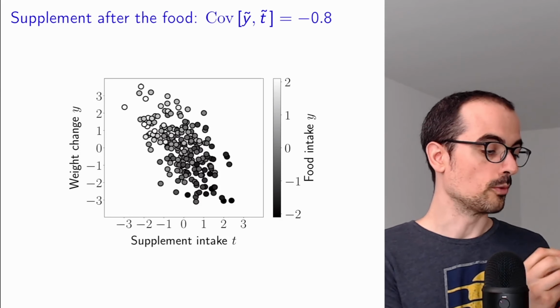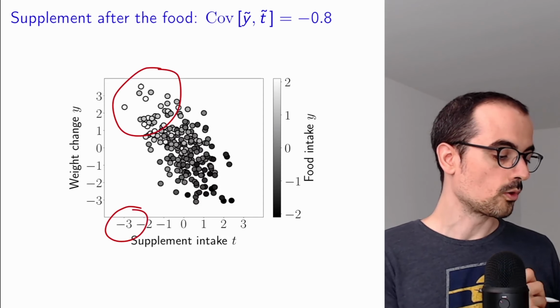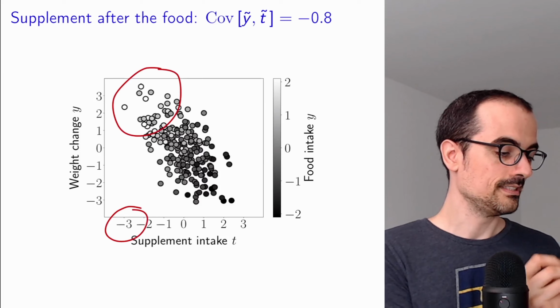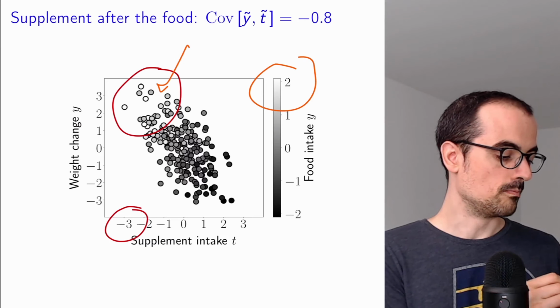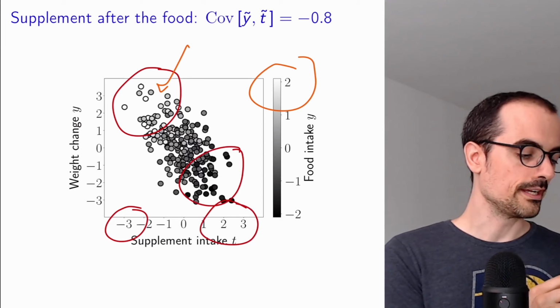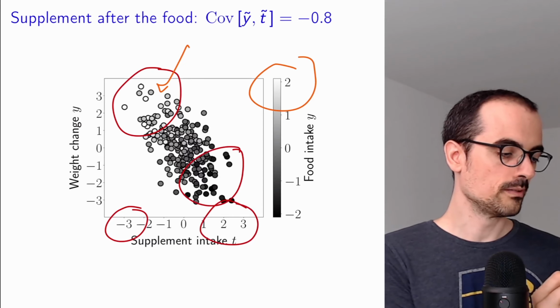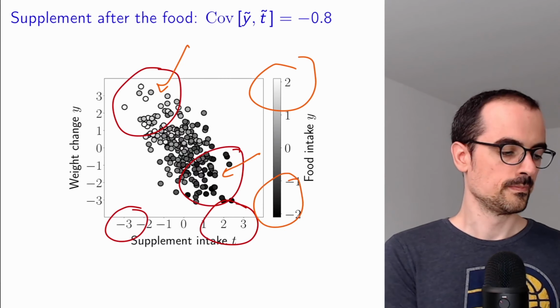So again, we observe less supplement, more weight change, but this is because these guys are actually eating more food. And then we observe more supplement, less weight change, and that is not because of the supplement, it's because they're eating less food.